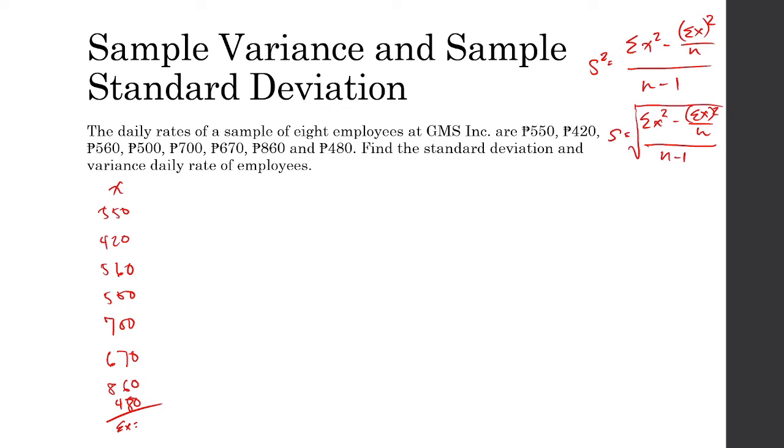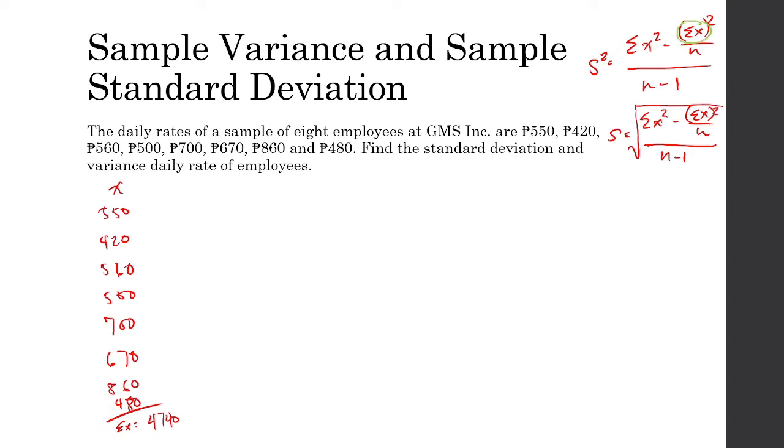We have 550 plus 420 plus 560 plus 500 plus 700 plus 670 plus 860 plus 480. So we have there 4,740. As you can see here, meron na tayo nitong first component natin, which is the summation of x.